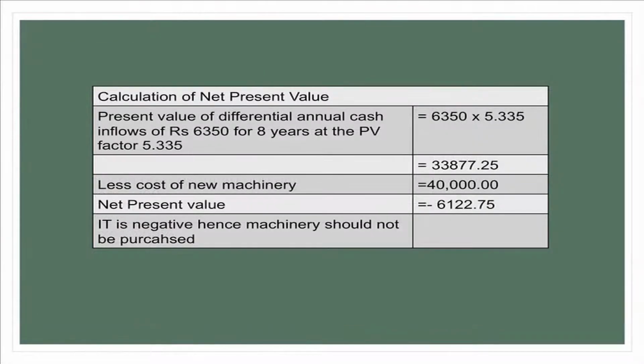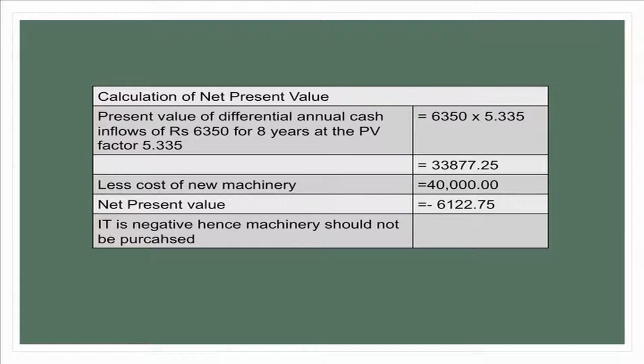Now, we will ascertain its present value. Present value of the differential annual cash flow of 6,350 for 8 years at the PV factor 5.335 will be 6,350 into 5.335, so our present value is 33,877.25.